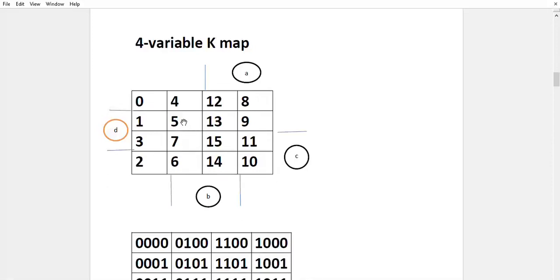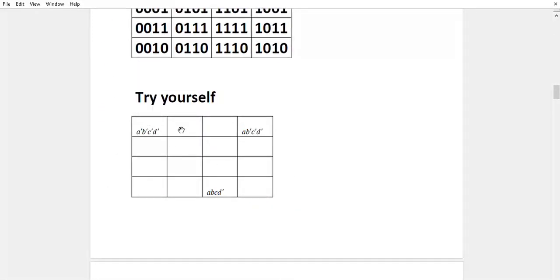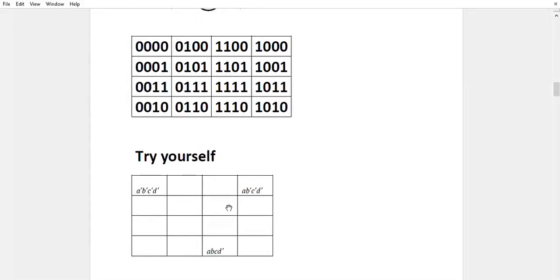Therefore, in this square, A is the complement, therefore A dash, and B is here, therefore A dash B, C dash and D. So likewise you can represent all the algebraic expressions for these binary numbers.